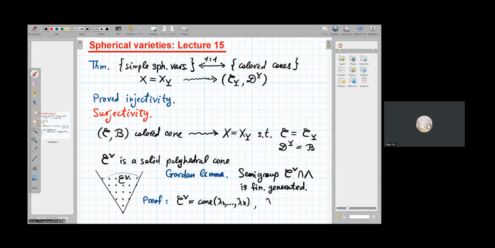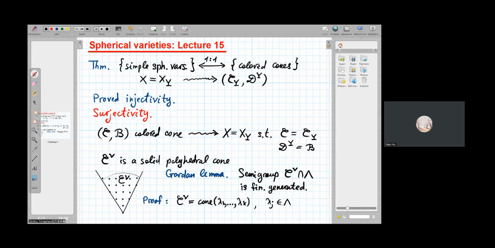We may assume that the lambda j's are lattice vectors because we work in a rational vector space, and this means that for any vector, some positive multiple of it is a lattice vector.